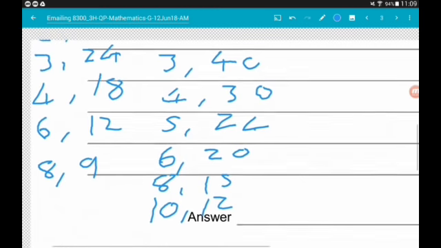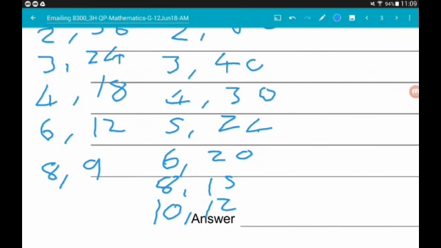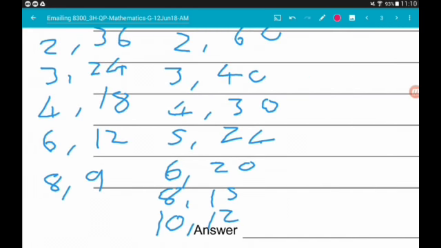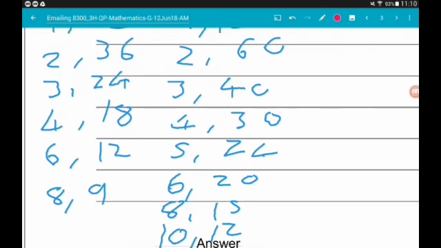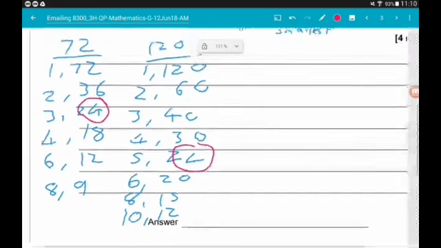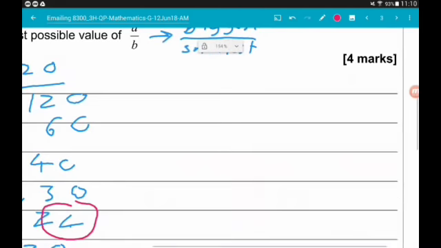So we are looking for the highest common factor, so the biggest number that turns up in both of these, and that is 24. So the value for A that we're going to use is 24.